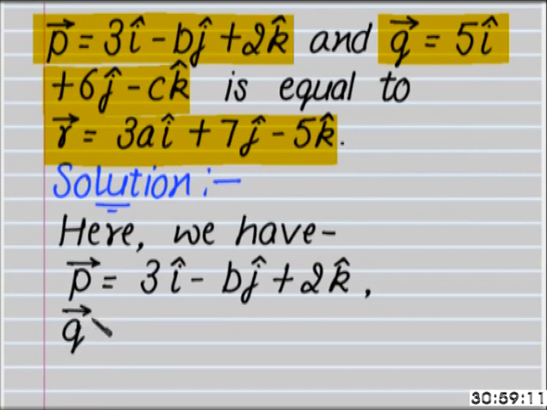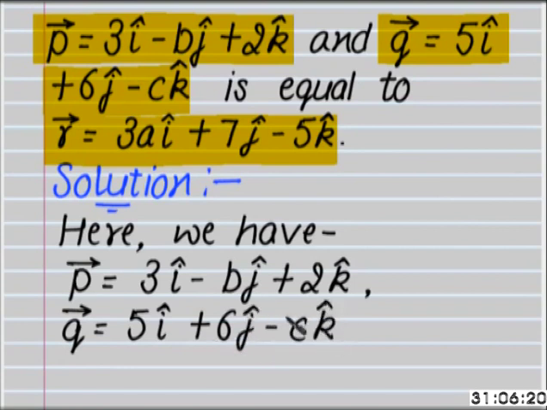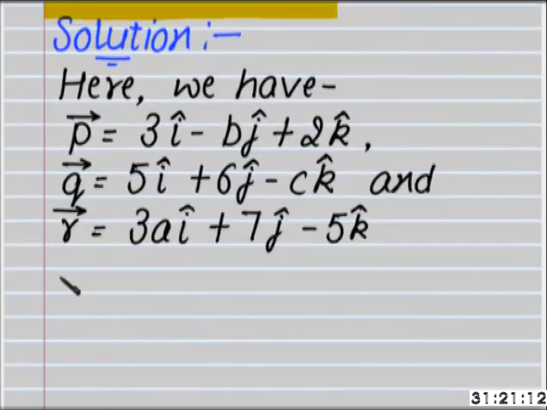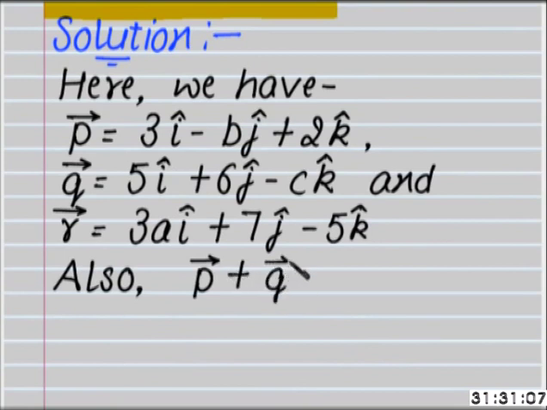Vector Q equal to 5i cap plus 6j cap minus ck cap, and vector R equal to 3ai cap plus 7j cap minus 5k cap. Also, it is given that vector P plus vector Q is equal to vector R.